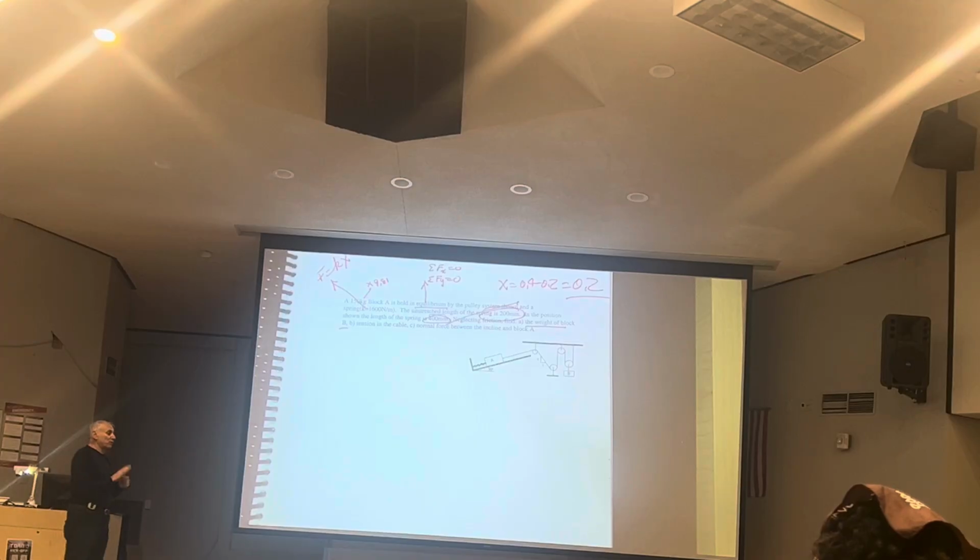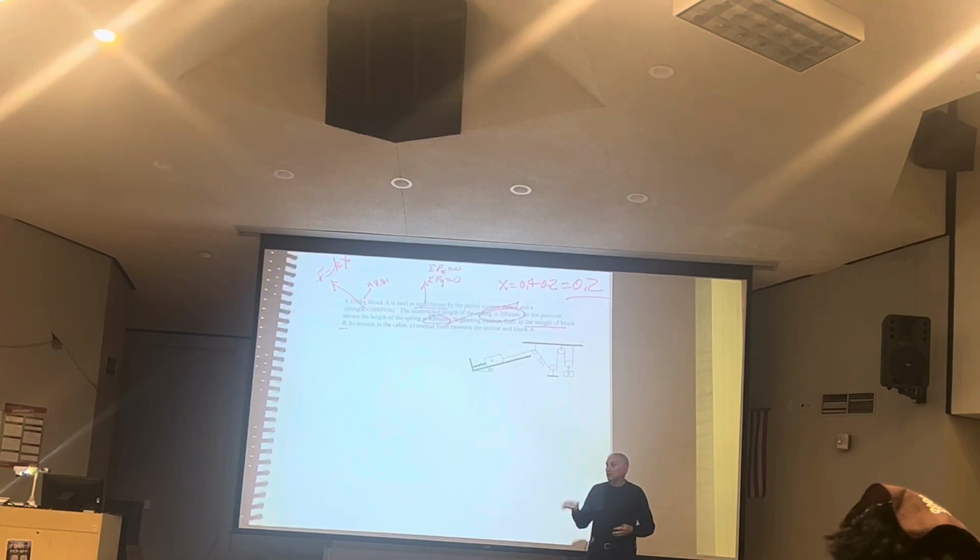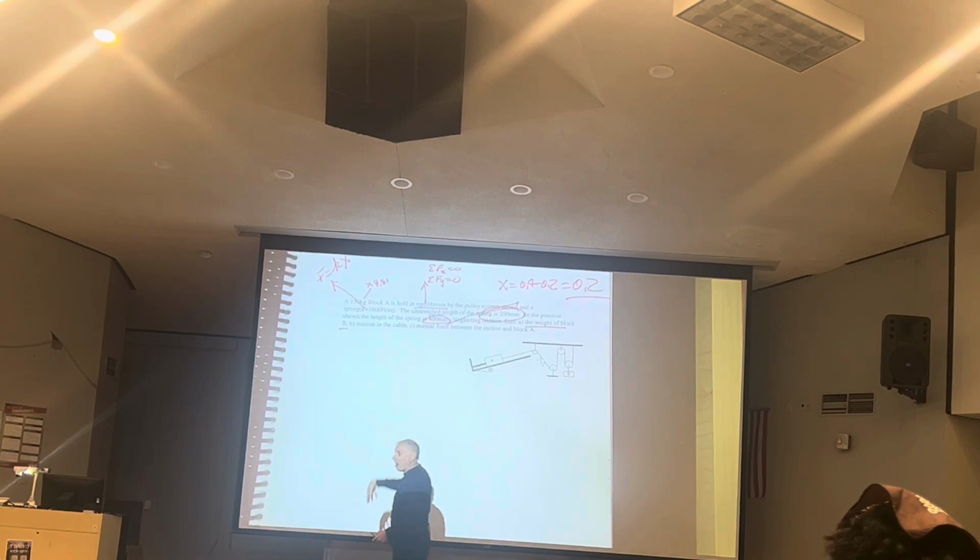So the normal force is the force that the chair is pushing up against your butt. So here, the normal force is the force that the incline is pushing up on the block. If it doesn't push up, then the block falls through. Okay? That's the normal force.